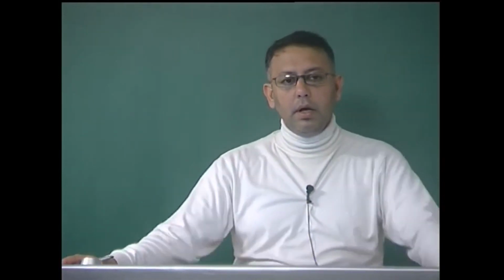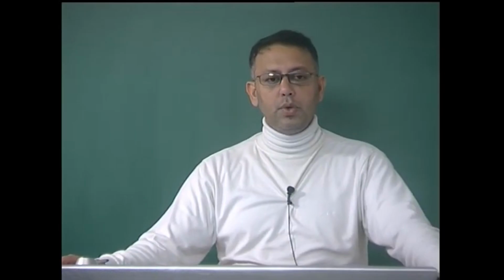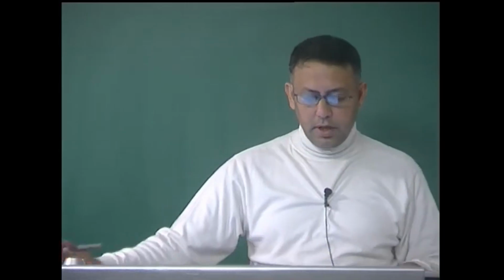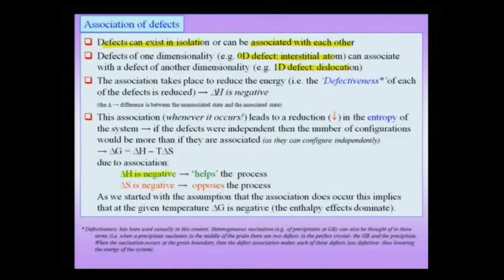Now, what is the reason that such an association should take place? The reason is that the enthalpy of the system may reduce when such association takes place. In other words, the enthalpy change, delta H, is negative. In other words, this change in enthalpy is helping the process.